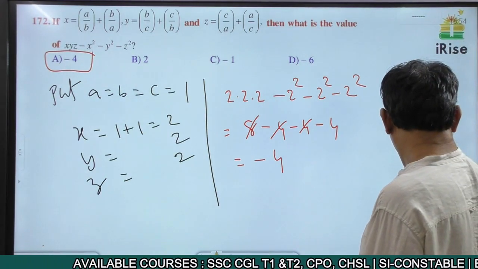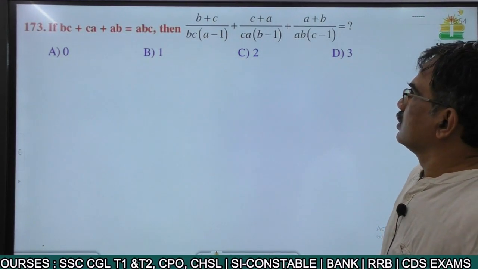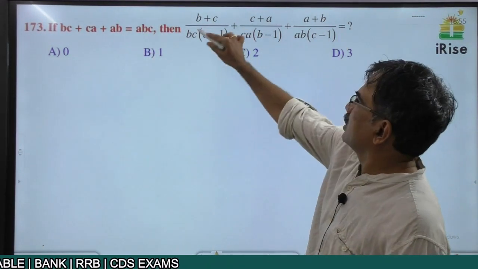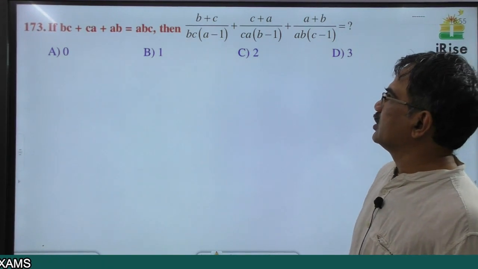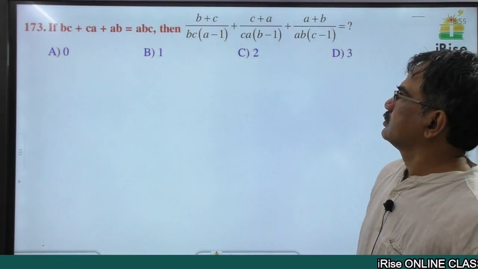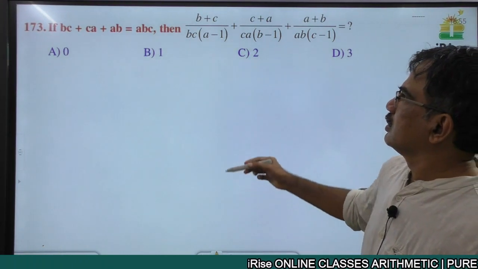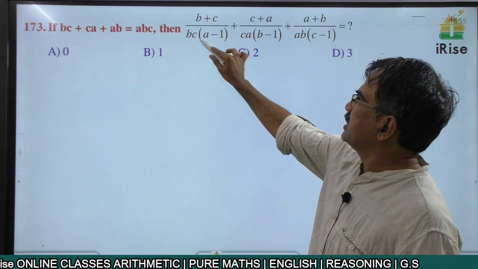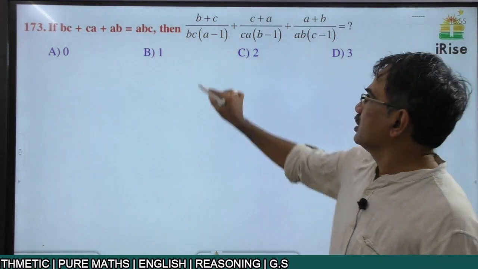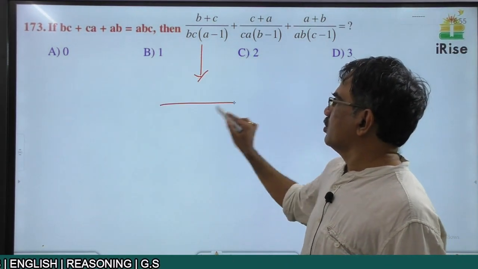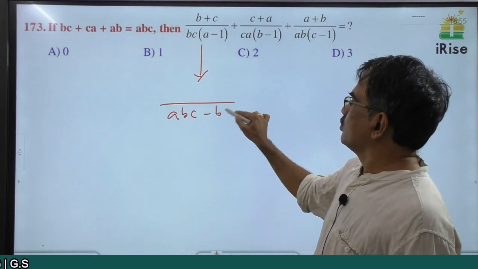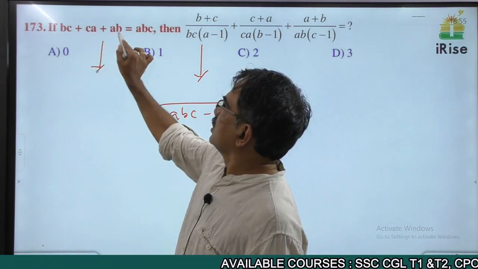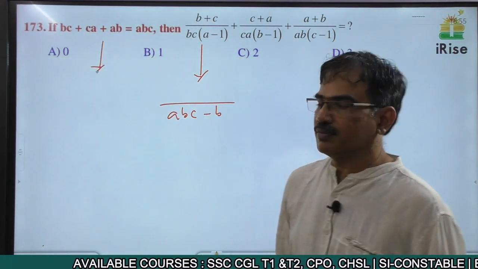Next one. bc plus ca plus ab is equal to abc. Then what about (b plus c) by bc into (a minus 1)? See carefully here. bc into a, if it is multiplied, is abc minus bc in the denominator. What is abc minus bc from this condition? ab plus ac.